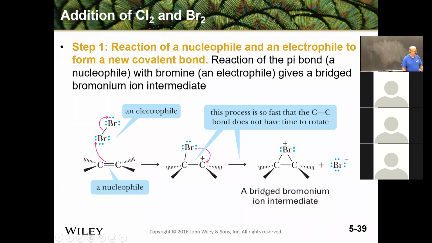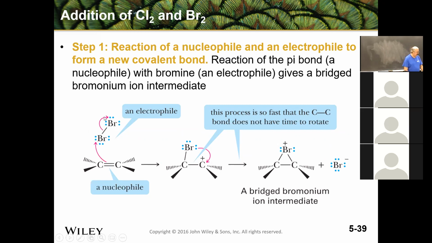Okay, so why is it stereoselective? In the first step, the double bond acts as an electron pair donor, a nucleophile. While bromine is a nonpolar molecule, there is an induced dipole that occurs.